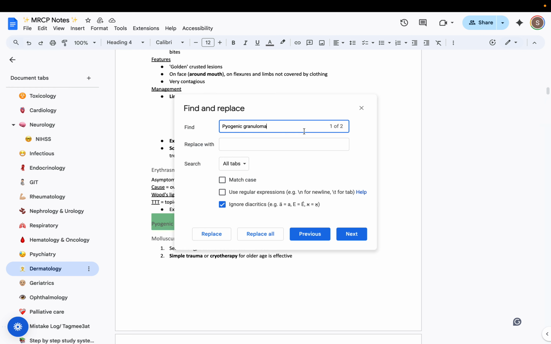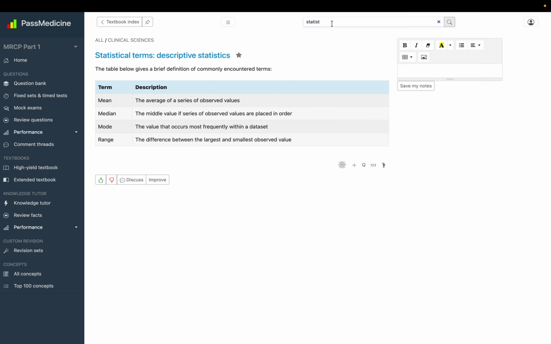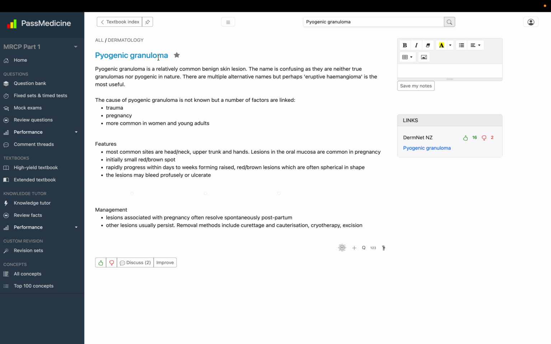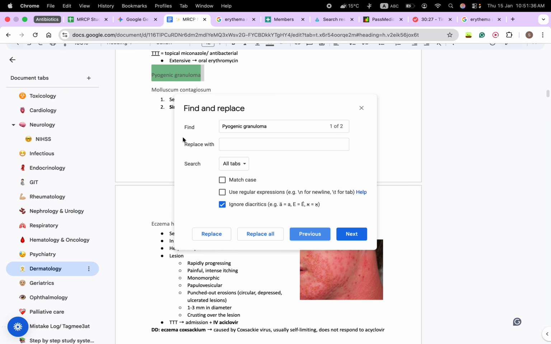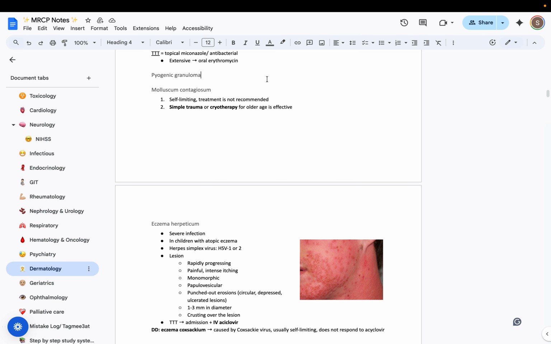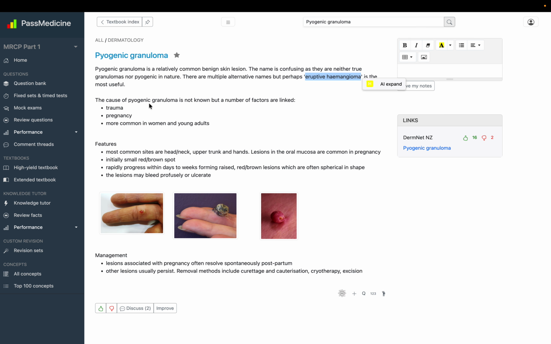Pyogenic granuloma, eruptive hemangioma. Okay, so what is this?